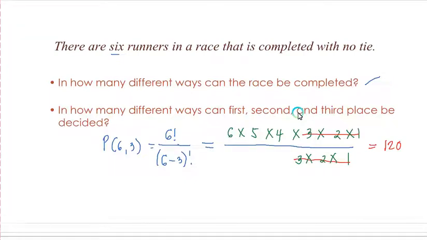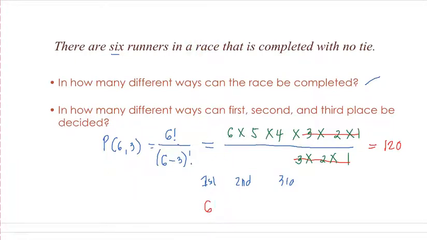Kung makita ninyo, ang nabilin is 6 times 5 times 4. Take note na pwede ang formula nga gamiton, pero pwede kita gamit kung fundamental principle of counting. May ara kita possible choices para sa first, para sa second, and para sa third. Pila ang pwede mag-first out of 6 sila, so 6 ang chance na mag-first sa race.